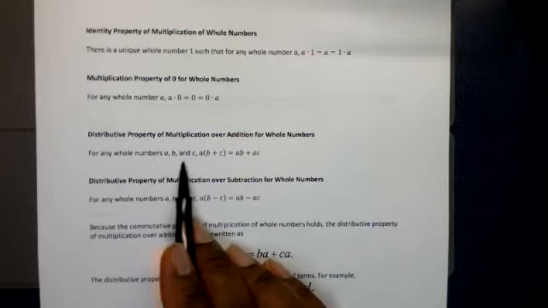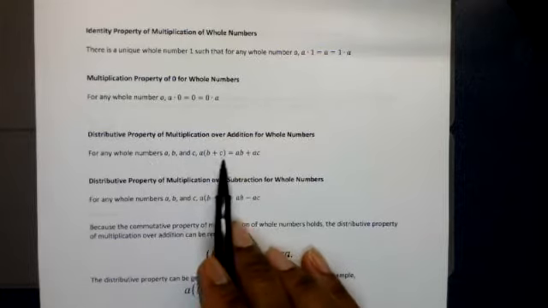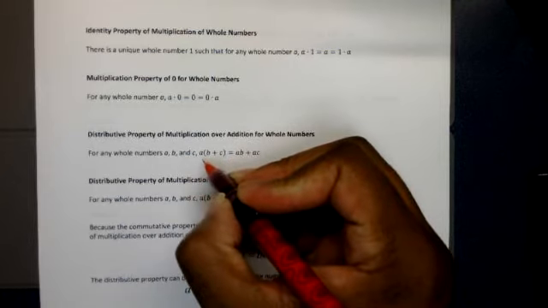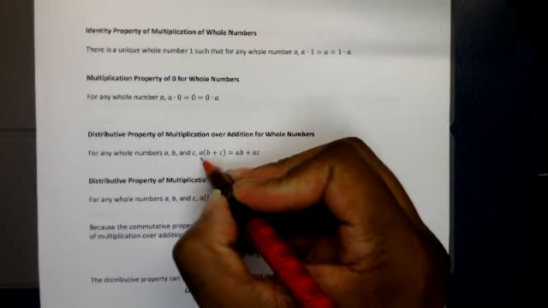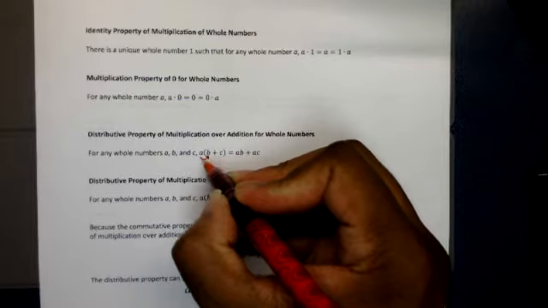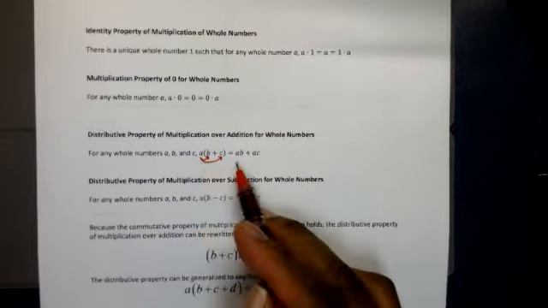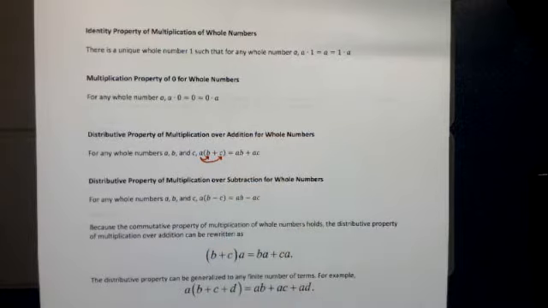If I have any whole numbers A, B, and C, then A times the quantity B plus C, in parentheses, that's how we appropriately read that, is equal to A times B plus A times C. In other words, if I have a number on the outside times something on the inside, I can distribute it over what's on the inside through multiplication: A times B plus A times C. And this also applies to subtraction of whole numbers.